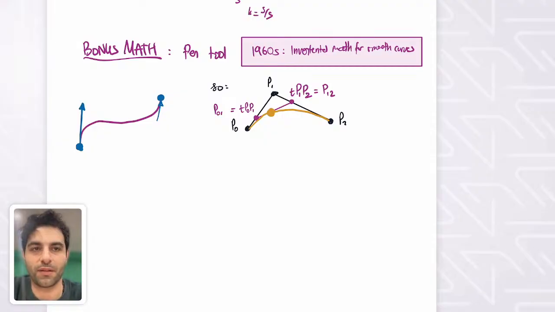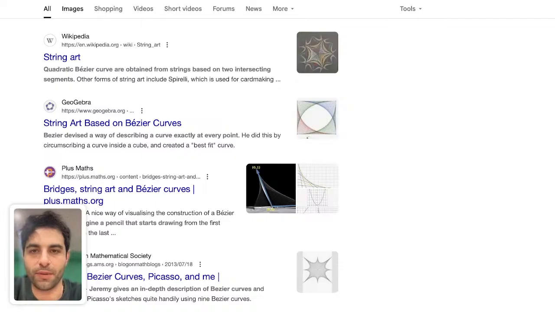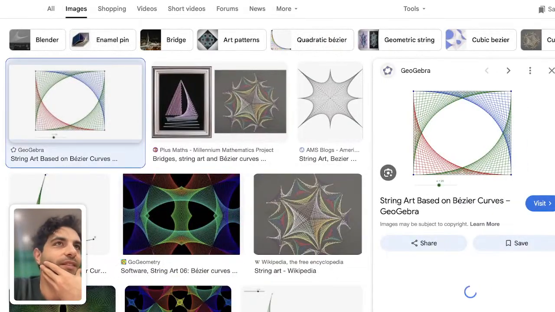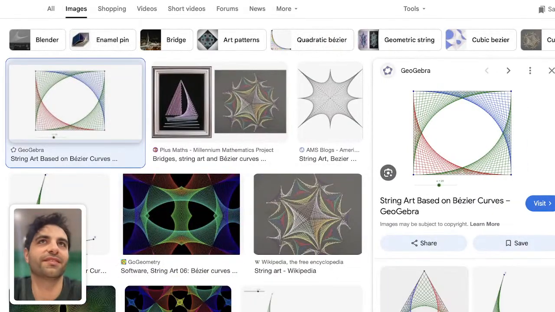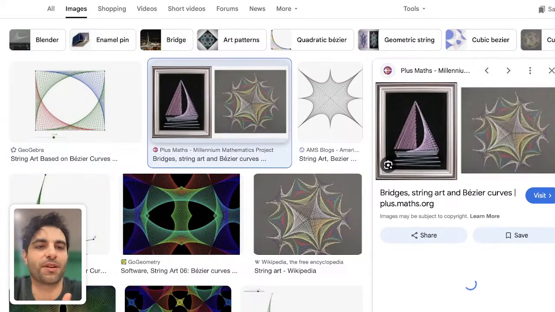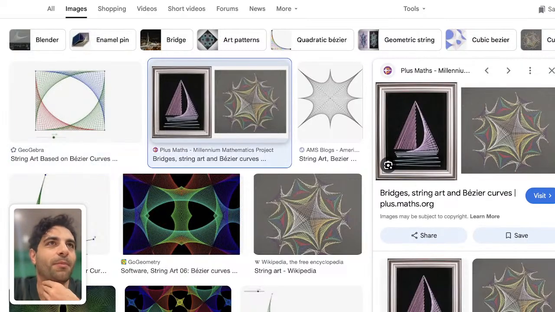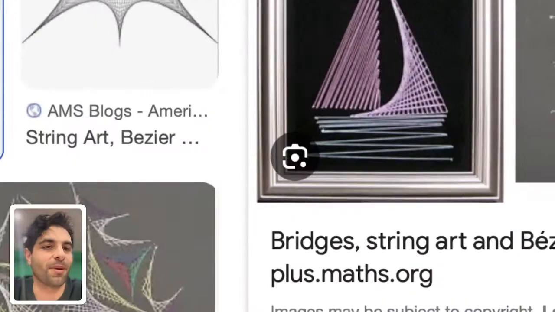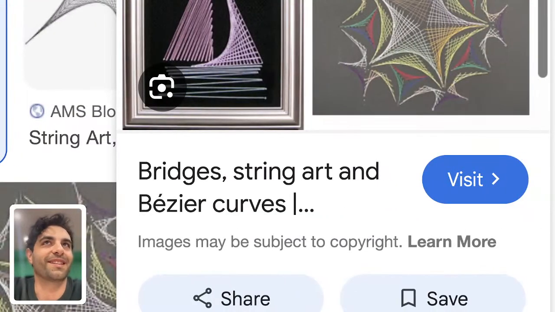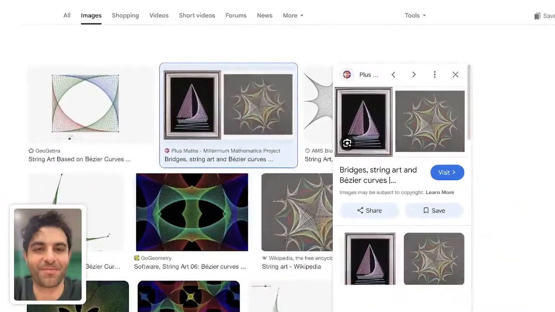It's a pretty common thing that people get you to do. You never seen that before? That's crazy. You can make some pretty crazy stuff. I remember when I was in primary school, they got us to literally make that sailboat. That exact sailboat right there. It's pretty funny. It's a pretty common one.